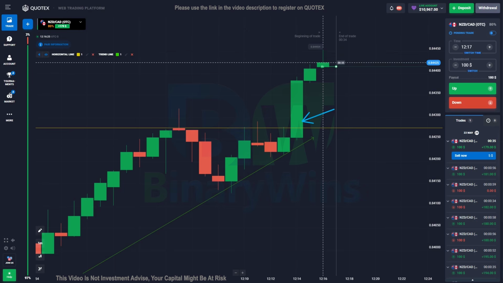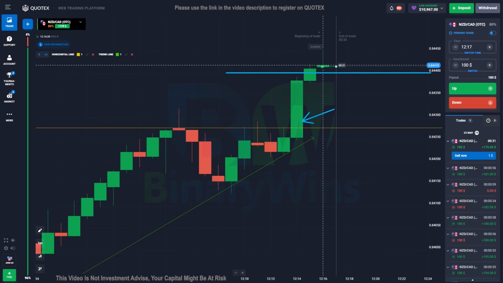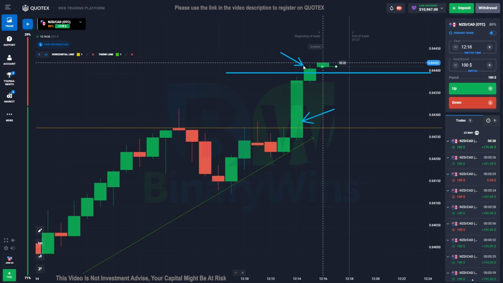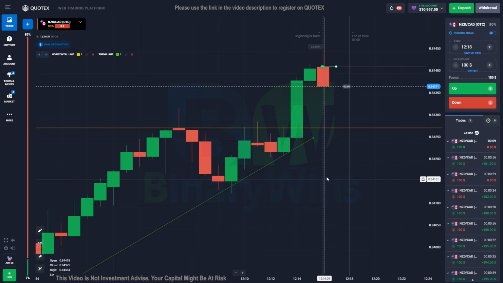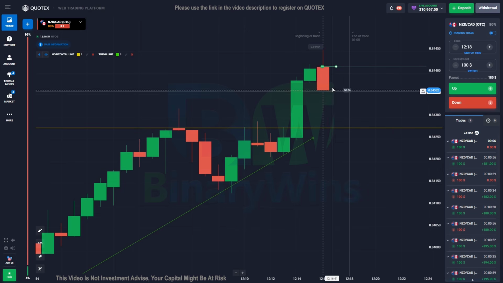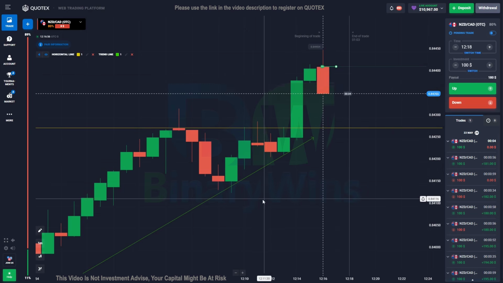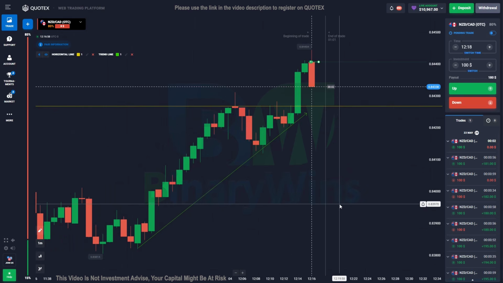On the other hand, the round number level was broken by a green candle, and the candle closed above the round number level. There is a gap between the close price of the first candle and the open price of the second candle. That's why I entered the higher trade. Okay, no problem.